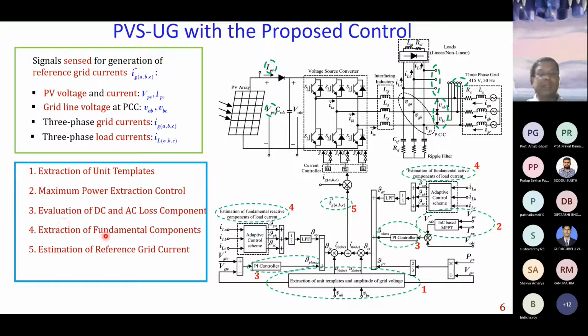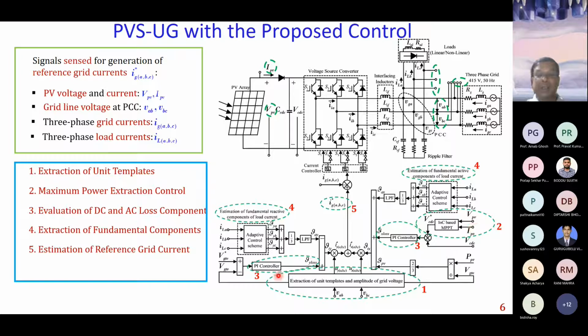I will tell you what that is. Extraction of the fundamental components and estimation of reference grid current. So these are the five tasks that are accomplished here. This is the one where the extraction of unit templates and amplitude of the grid voltage. Then the second task is the MPPT operation by using the incremental conductance method.